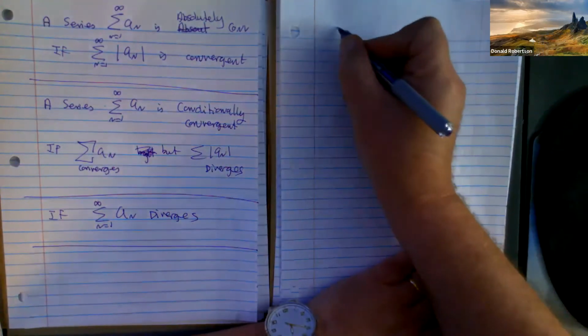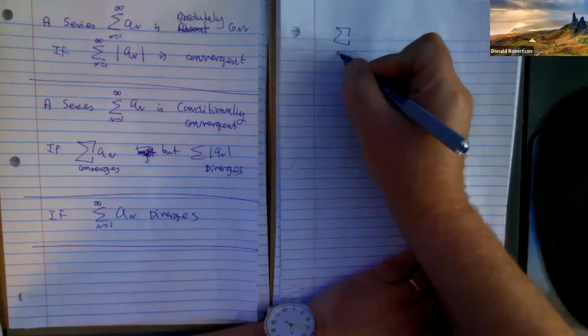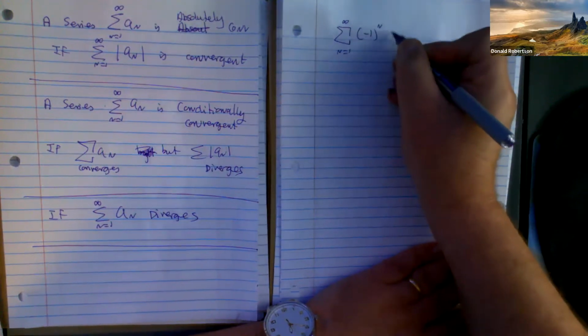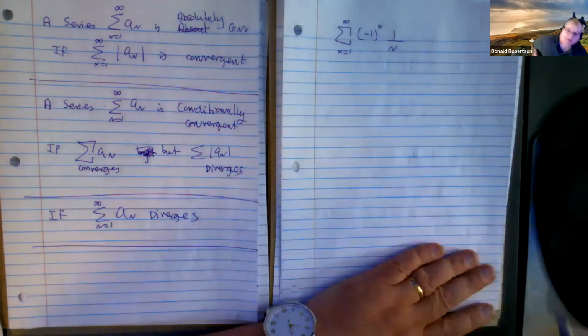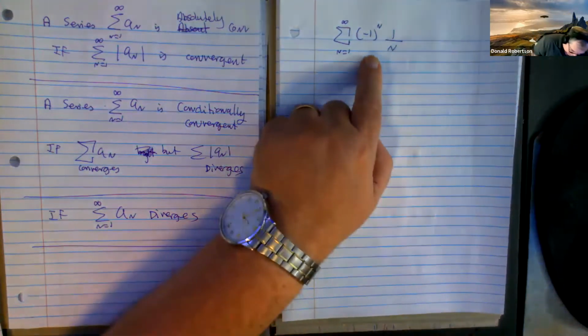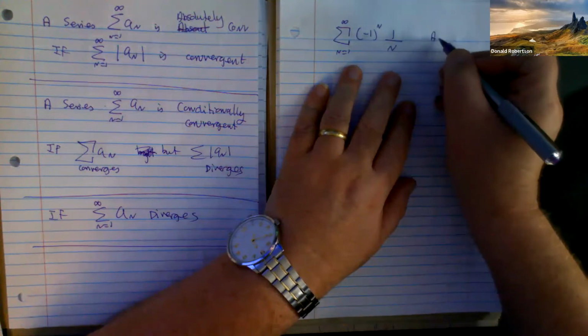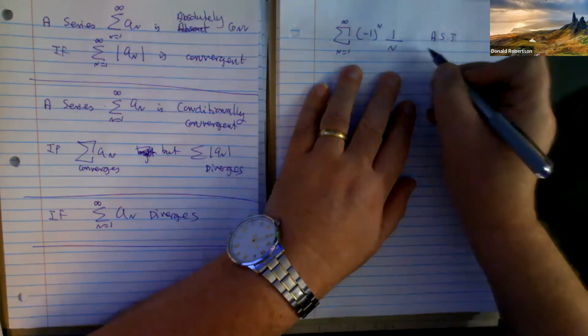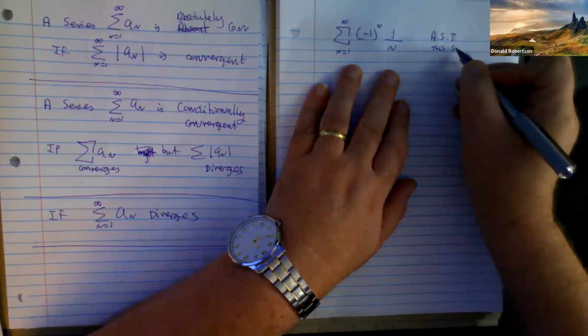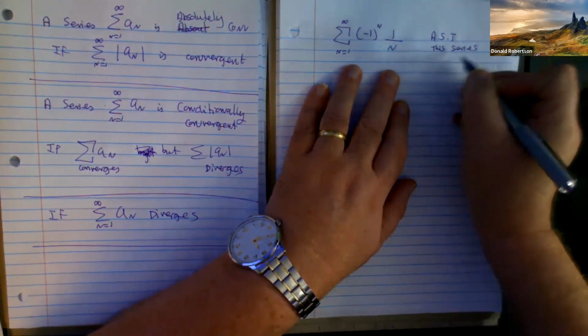So let me show you an example of a conditionally convergent series. I'll pick a very simple one. That guy. Now, if I used the alternating series test, I can prove to you that this series converges.